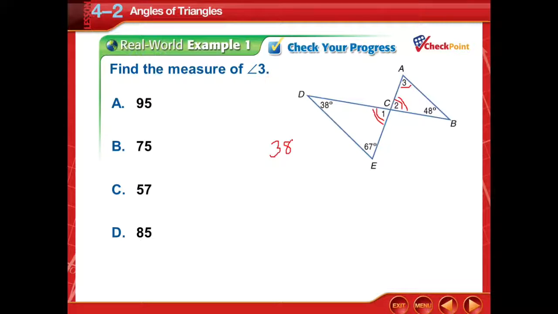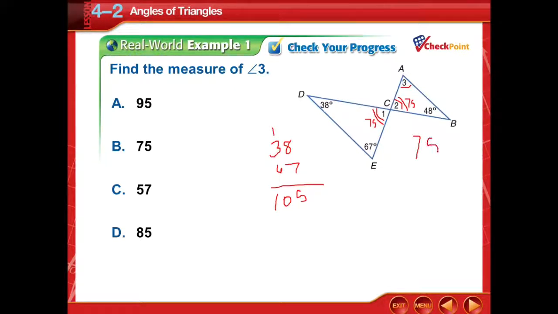So I can find angle 1 by taking 38 plus 67, and I get 105, which means that angle 1 is 180 minus 105, so that is 75. Which means that angle 2 is 75 because they are vertical angles.